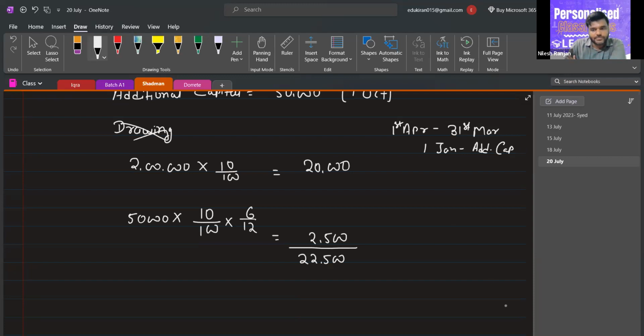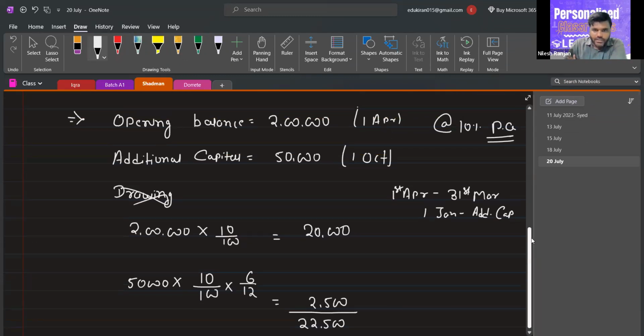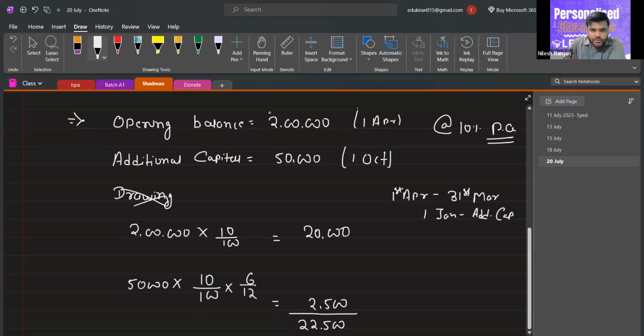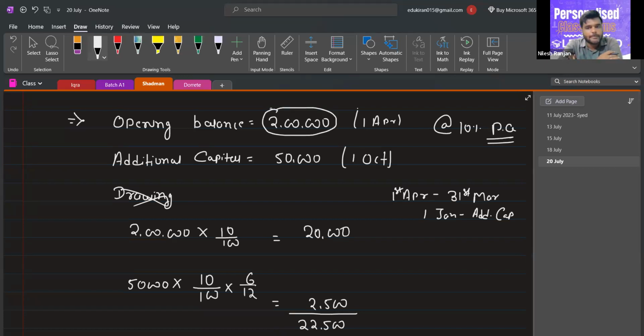Now, one more method we can use here. Actually, you can see our 2 lakh is the opening balance. Can you tell me on which date our capital changed? On 1st October.